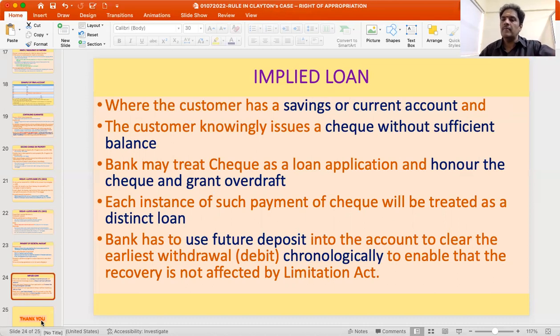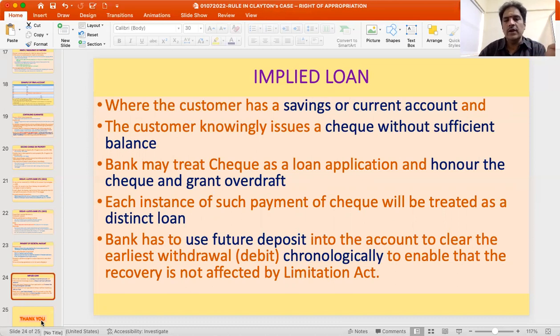The first loan that is given will be wiped off by the first credit. The money first paid in will be used for the discharge of that particular overdraft or loan that has been granted, and in that chronology it will be continued. The purpose of doing this is to ensure that the recovery is not hit by the Limitation Act.